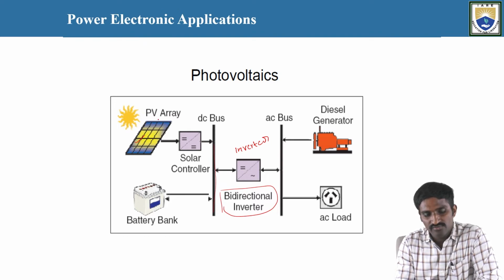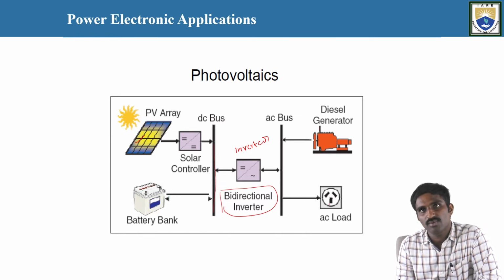But if the PV array is absent, which means during the night times, there is no PV energy. In that case, if you want to charge this battery, then you have some AC supply, or a diesel generator. This generator will generate the AC supply, and you can convert this AC supply into DC and store it in the battery.